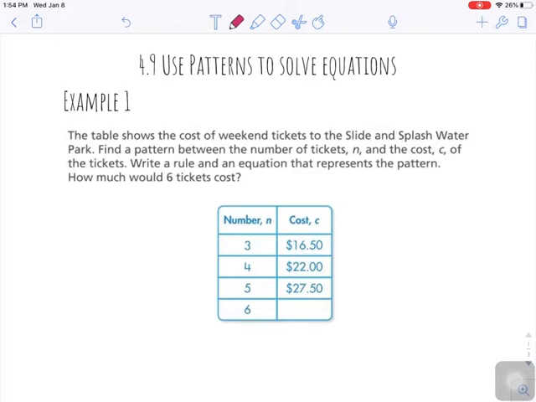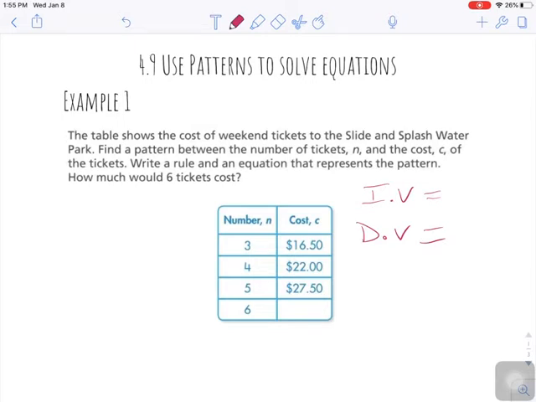So first I want to go back to the previous day's lesson where we talked about independent and dependent variables. I want you guys to think about, in this case, where we have number of tickets N and cost C, which is our independent and which is our dependent variable. Do the number of tickets depend on how much total you pay, or does the total cost, how much you pay, depend on how many tickets you get?